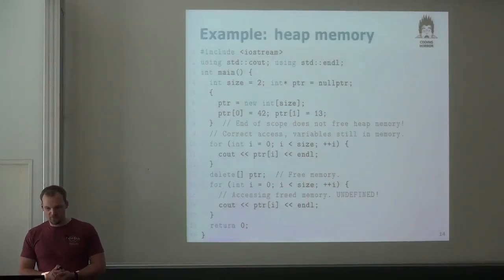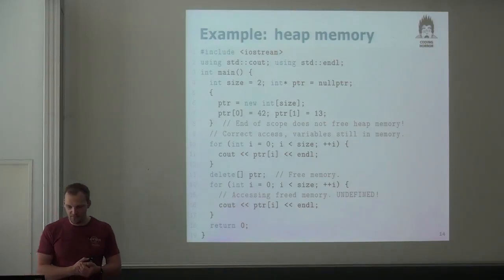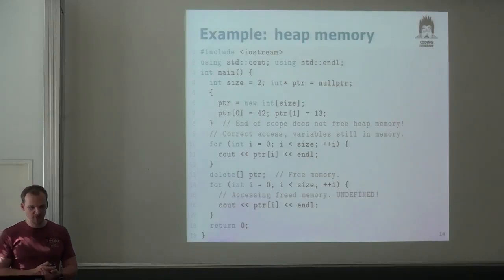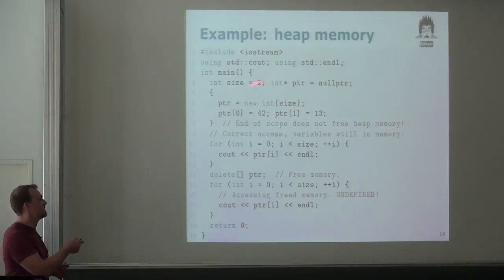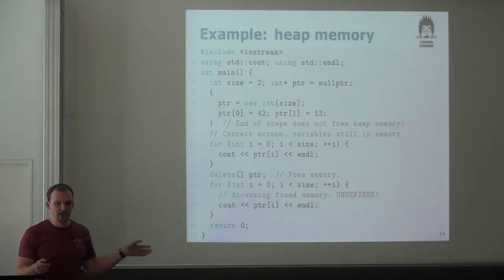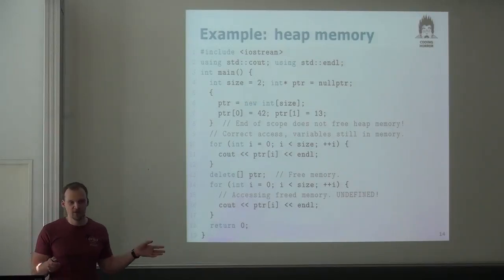So a small example here is just what we were talking about. We have some size 2, we have a pointer that points to nothing, and it's the same example as we saw for the stack, but now we use heap allocation.